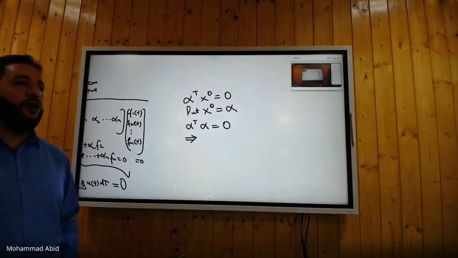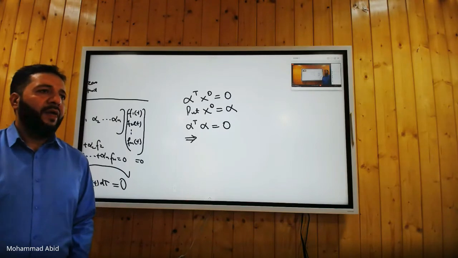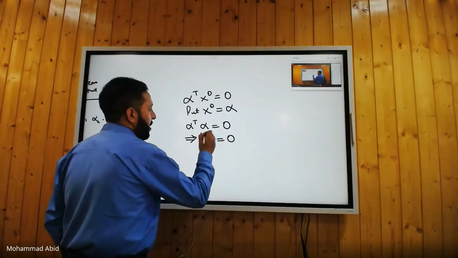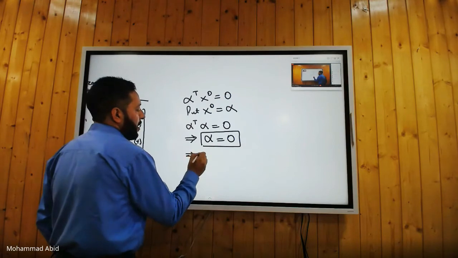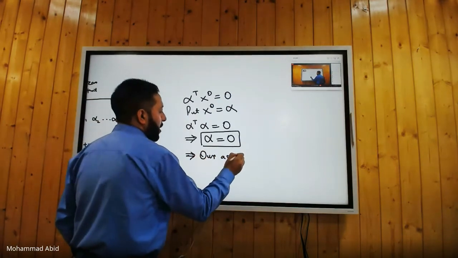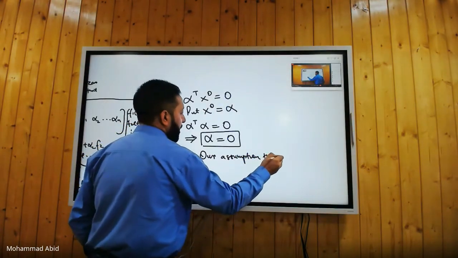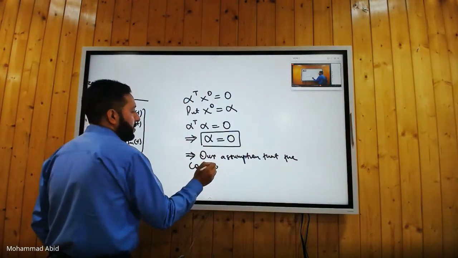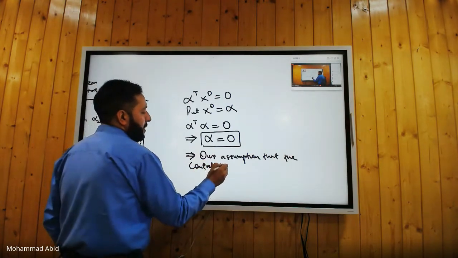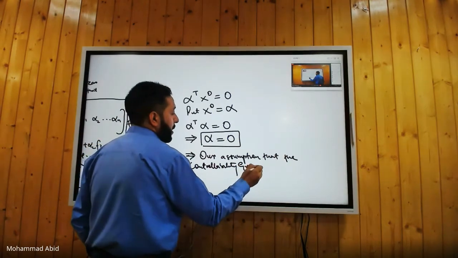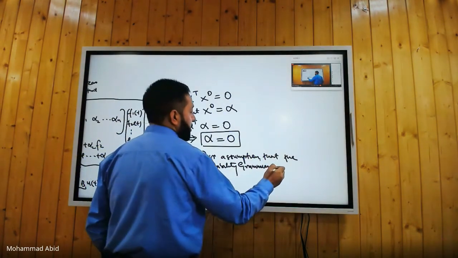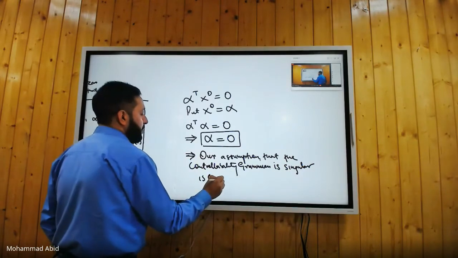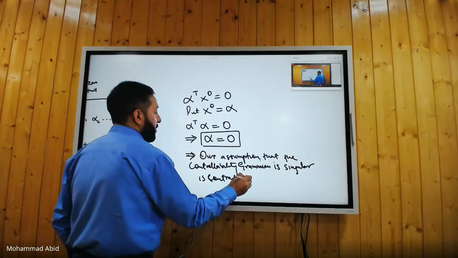Alpha transpose alpha is basically the dot product of vector alpha with itself, so this can be true only if alpha is equal to 0. This contradicts our assumption that the controllability Gramian is singular, because we are saying alpha equal to 0.